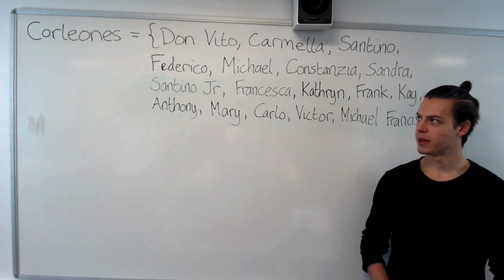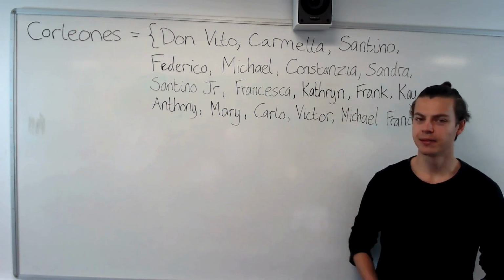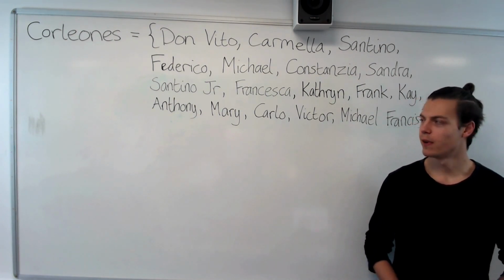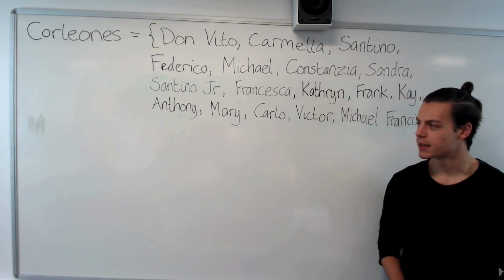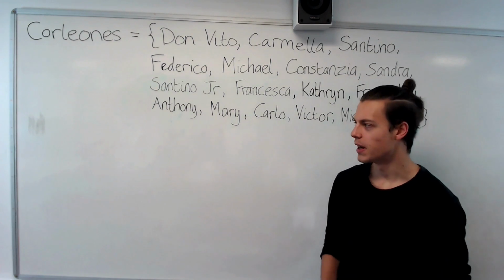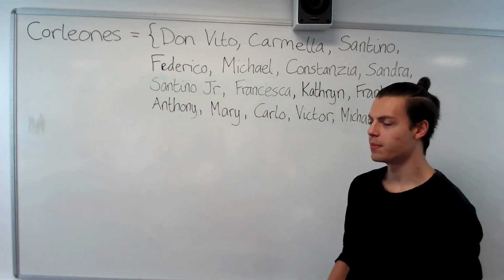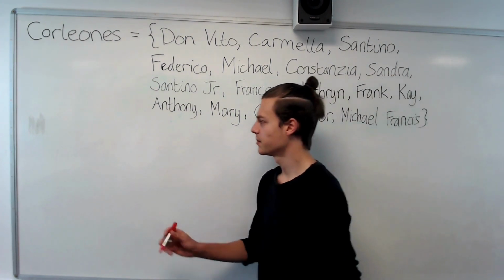This exercise involves the Corleone family. We will be defining a few relations on the set of Corleones. Now, our first task is to define the father relation in terms of the mother and husband relations.